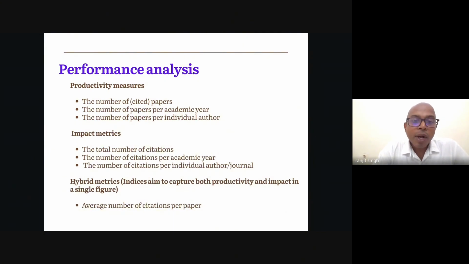Here I have only indicated three productivity measures and three impact measures for the sake of example; there are n number of measures. That will be shown in tomorrow's session on productivity and impact, when you conduct hands-on work through Biblioshiny. You will see these productivity, impact, and hybrid metrics.